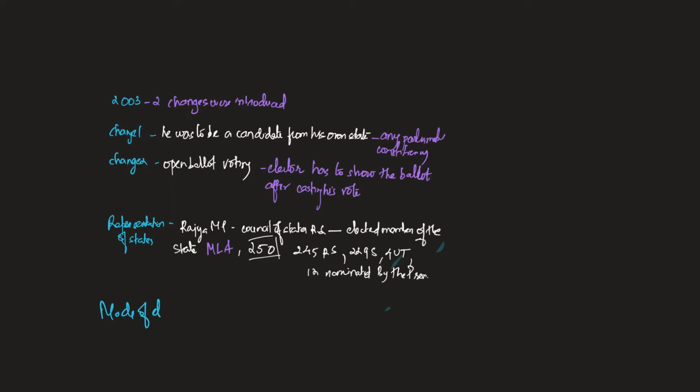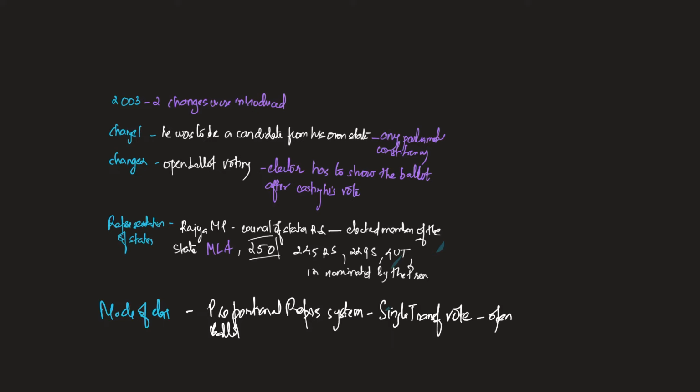The mode of election here is the proportional representation system, enhanced by single transferable vote through an open ballot system. So these are the points related to Rajya Sabha election.